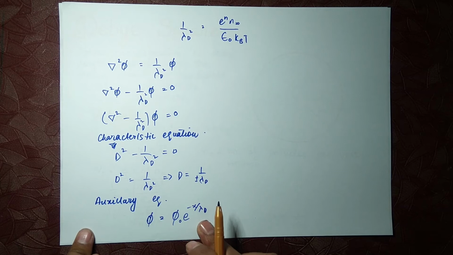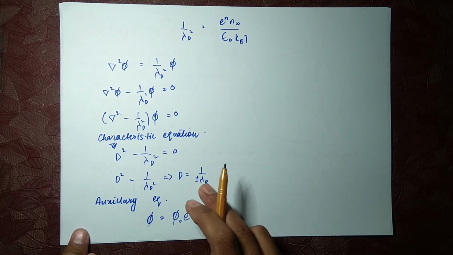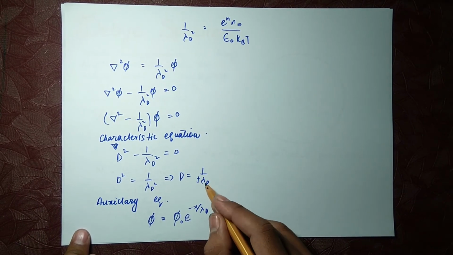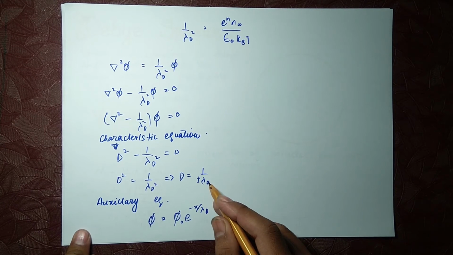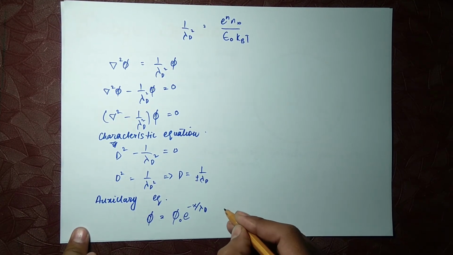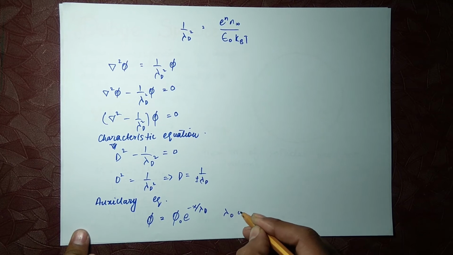I've taken positive one, and I'm not taking the negative one because lambda D is a distance, and distance could not be negative.